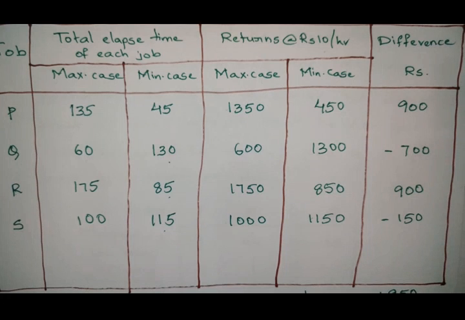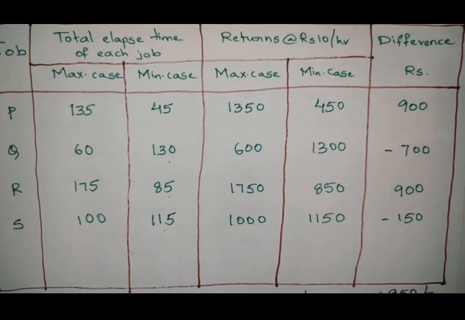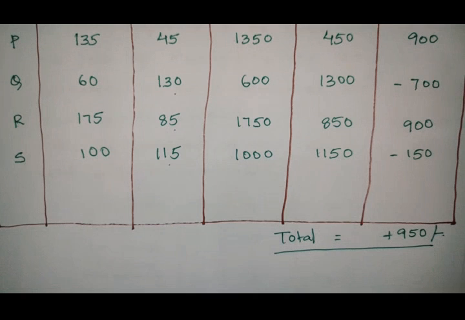That means Sham is going to gain 950 rupees if he intentionally delays such that the idling time of the machines is increasing. By the completion of the 4 jobs, Sham is going to gain an extra amount of 950 rupees.